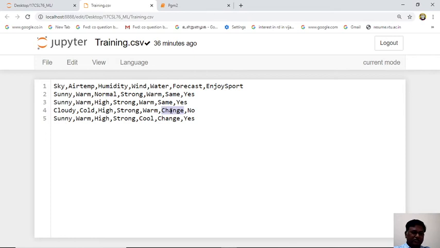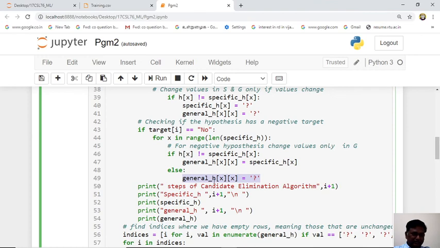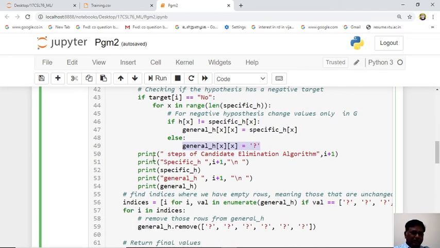That is your generalization. But when you go for the fourth day, the forecast is change, still you enjoyed. So this generalization goes, and that is executed in this line. So it takes all the values, keeps on updating, and we are printing the output.